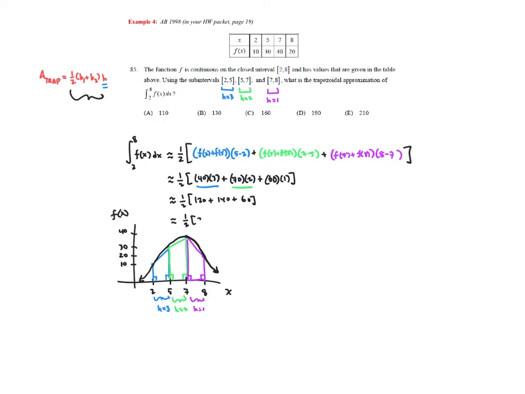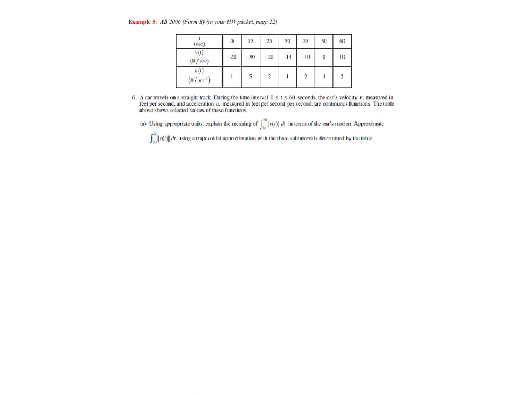Yeah, 320. Okay, so the integral from 2 to 8 of f of x dx is approximately equal to 160. Looks like C. All right, let's move on to the next question.